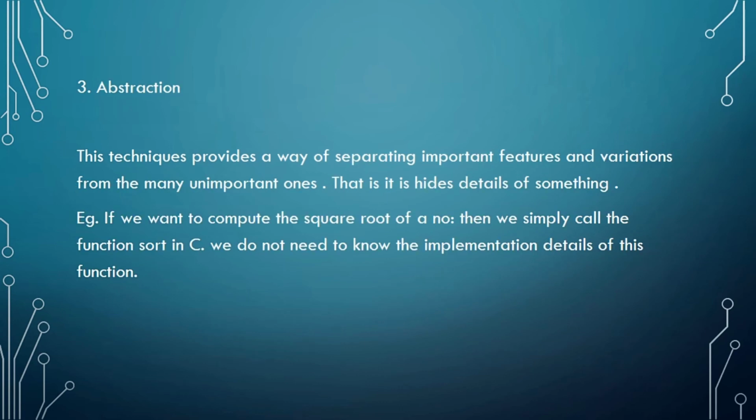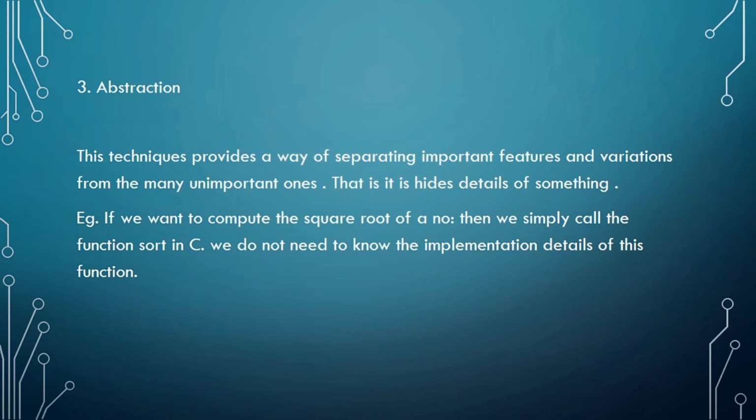This technique provides a way of separating important features and variations from the many unimportant ones. That is, it hides the details of something. So abstraction means hiding the details of something, separating important and unimportant features. Here I am taking one example.